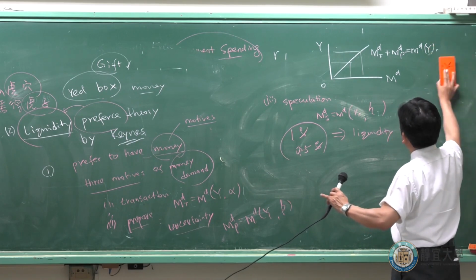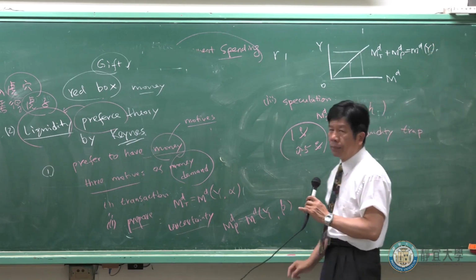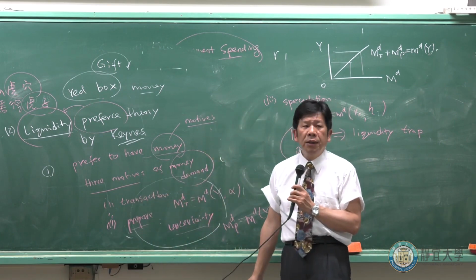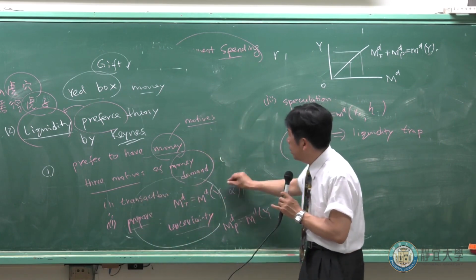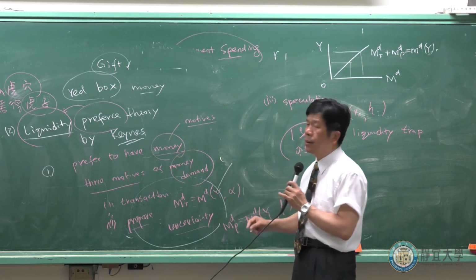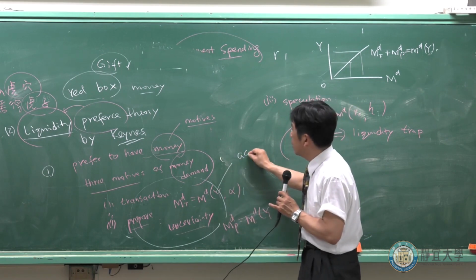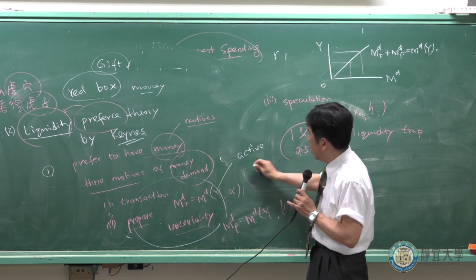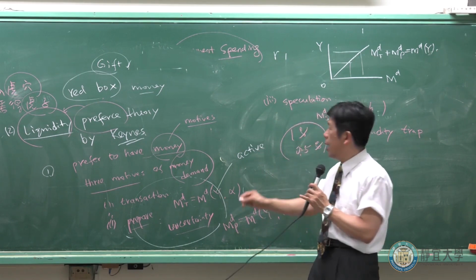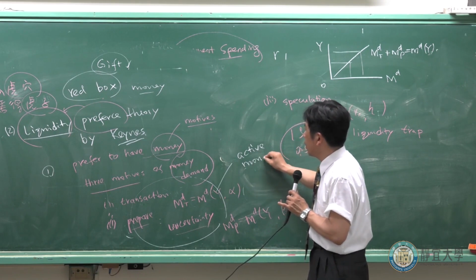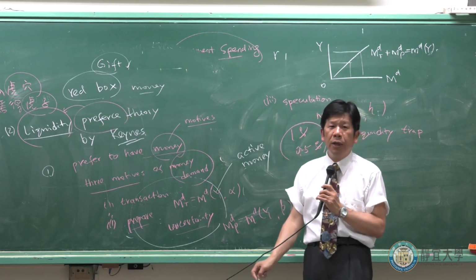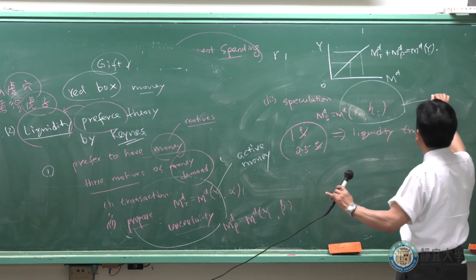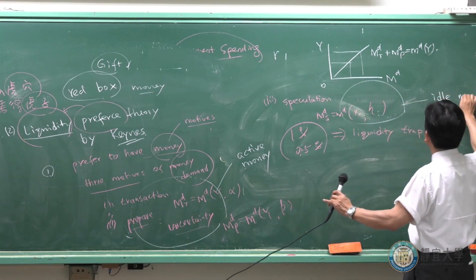These two are money demand. We call this active money, and this money we call idle money.